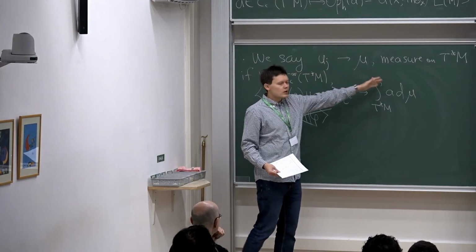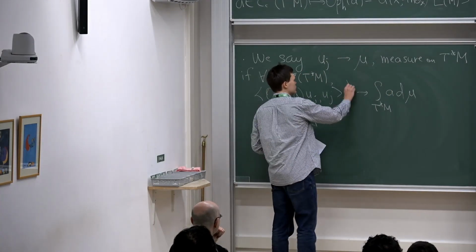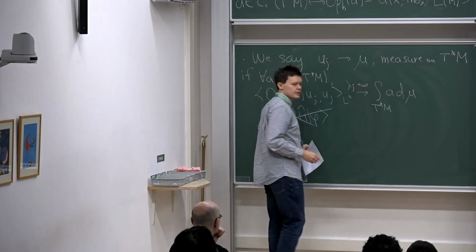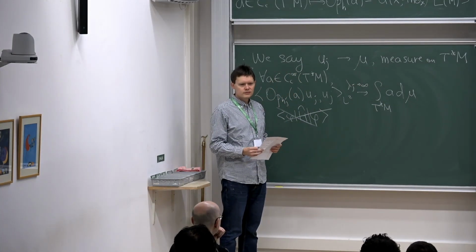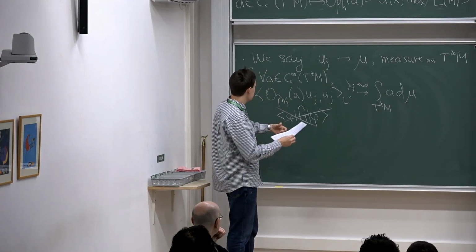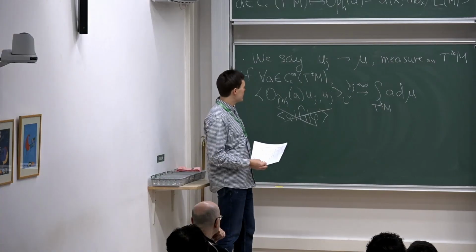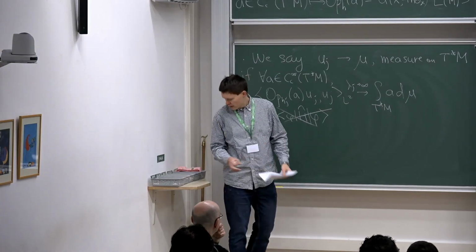And then you want this to converge to the integral of a d mu as the energy, or as the frequency goes to infinity. Okay? So that's this macroscopic limit. I want to understand that position momentum distribution of my quantum particles as the eigenvalue goes to infinity. All right.